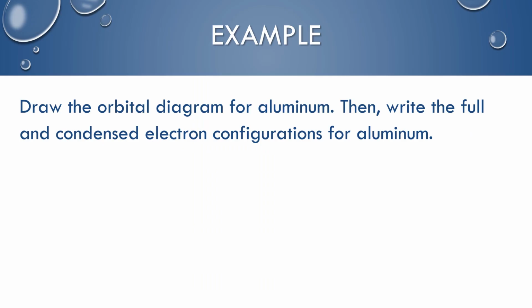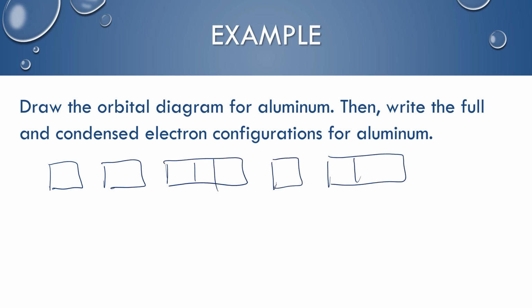Okay, so let's look at an example. We'll draw the orbital diagram for aluminum. So 1s, 2s, 2p, 3s, 3p, 13 electrons for aluminum. Pauli exclusion principle, 1 up arrow, 1 down arrow for each. Hund's rule, you have to fill in 1 in each before you double up.